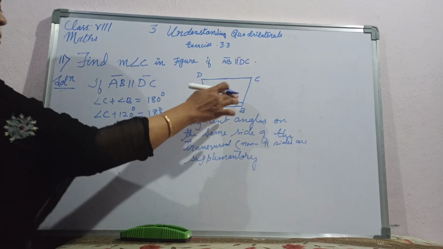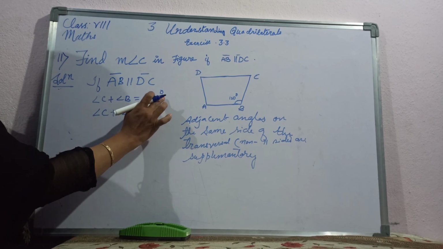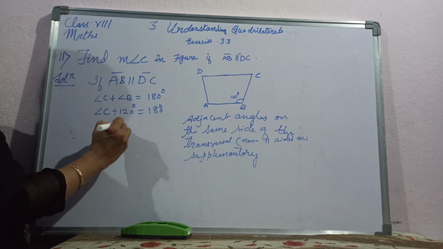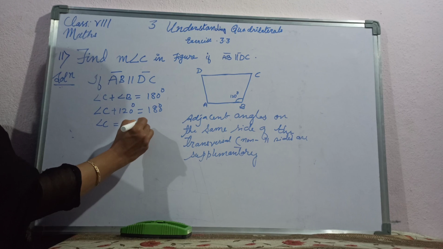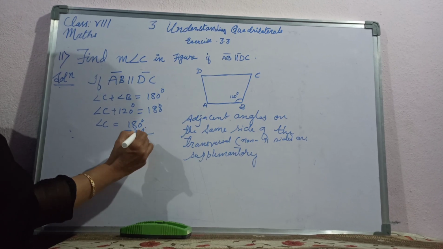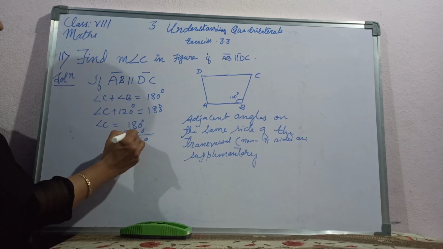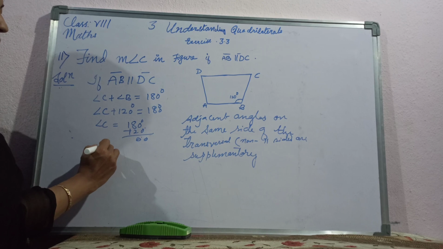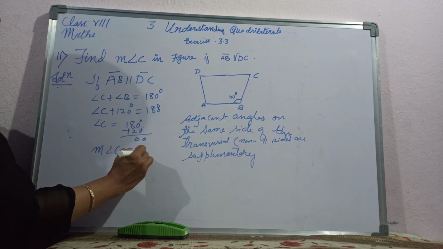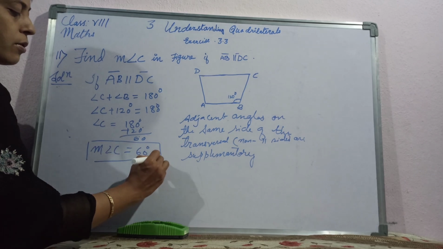We don't know what angle C is, so we transpose the known one. 180 minus 120 is equal to 60 degrees. Therefore, the measure of angle C here is equal to 60 degrees, which we were supposed to find out.